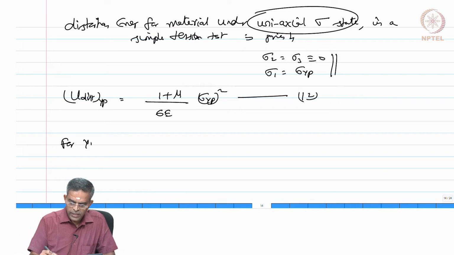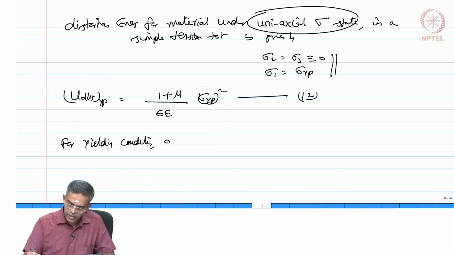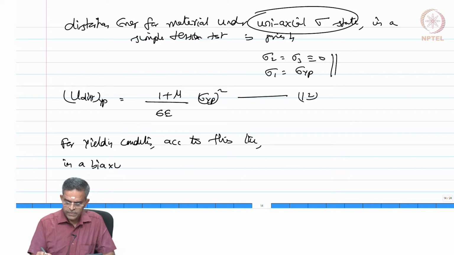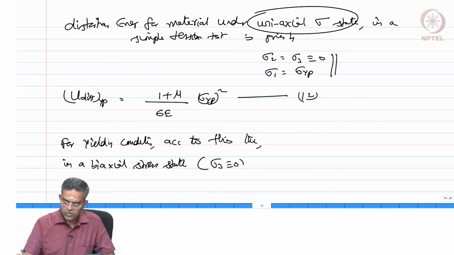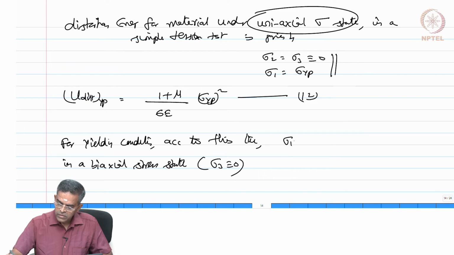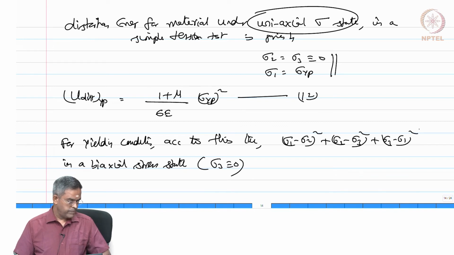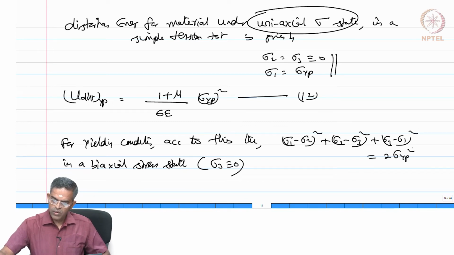For yielding condition, according to this theory, in a biaxial stress state, where sigma 3 will be set to 0, sigma 1 minus sigma 2 the whole square plus sigma 2 minus sigma 3 the whole square plus sigma 3 minus sigma 1 the whole square should be equal to 2 sigma yp square, isn't it?